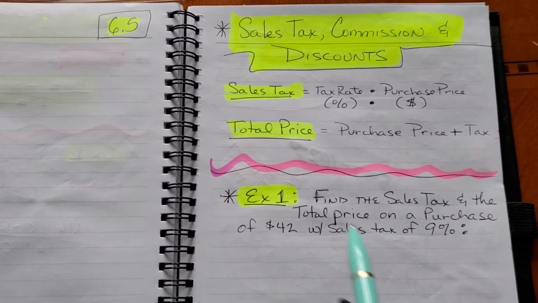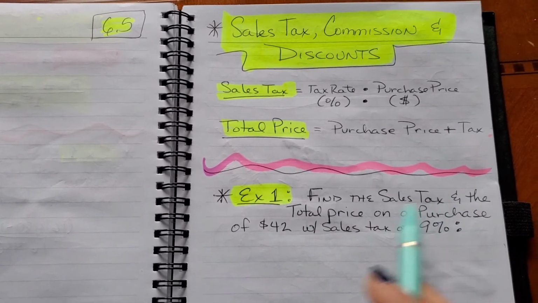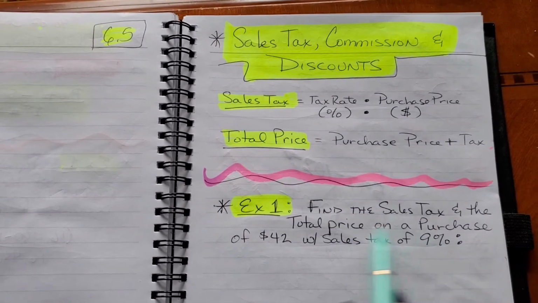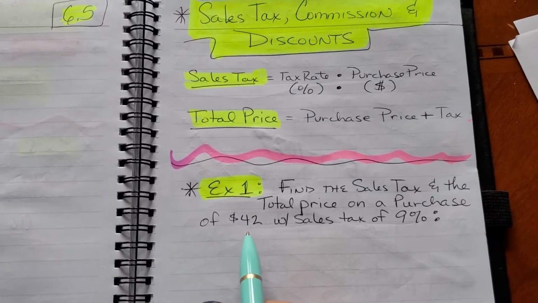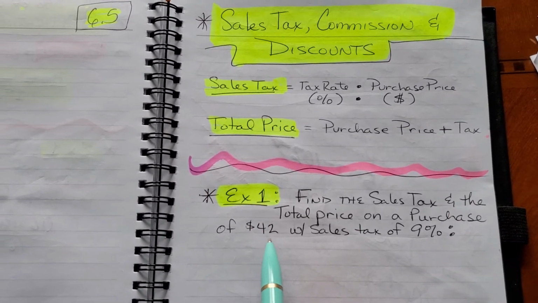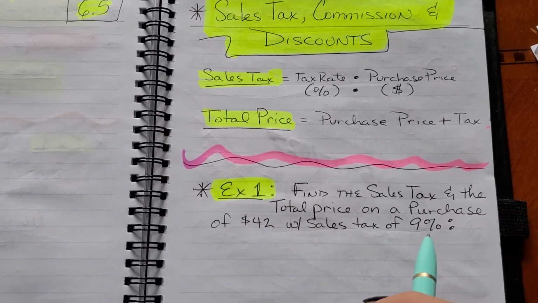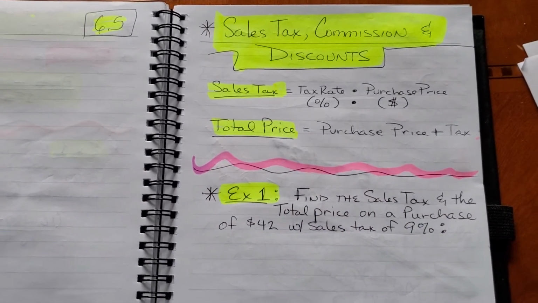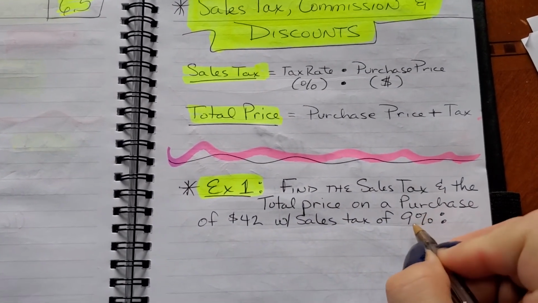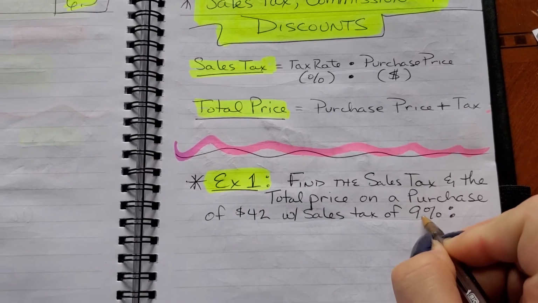So how would we find the sales tax and the total price on a purchase? So if we buy $42 worth of products and we have a sales tax of 9%, first thing we are going to do with that 9% is change that to a decimal. So again, I have videos on this if you don't recall.